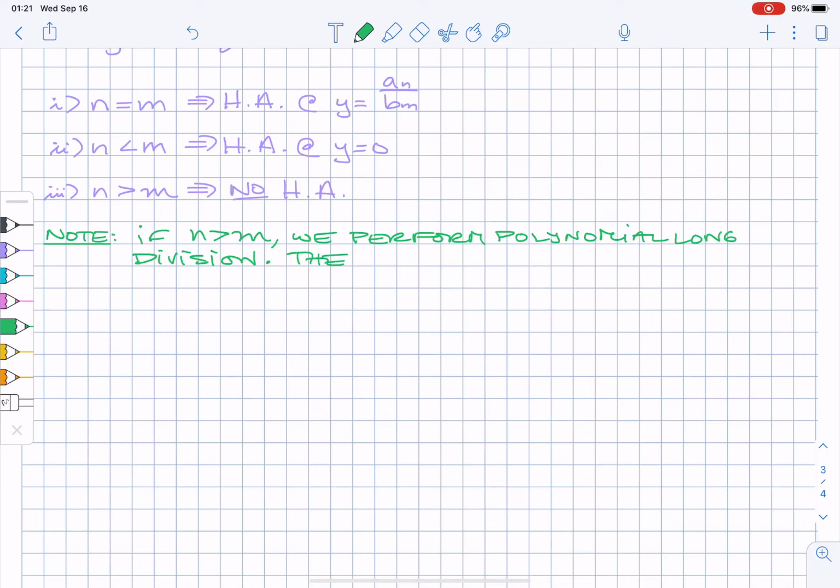The slant asymptote, let me underline that, is found by y equal to the quotient of that operation.